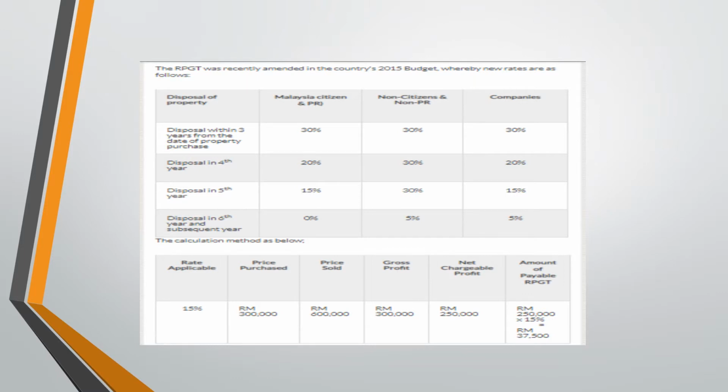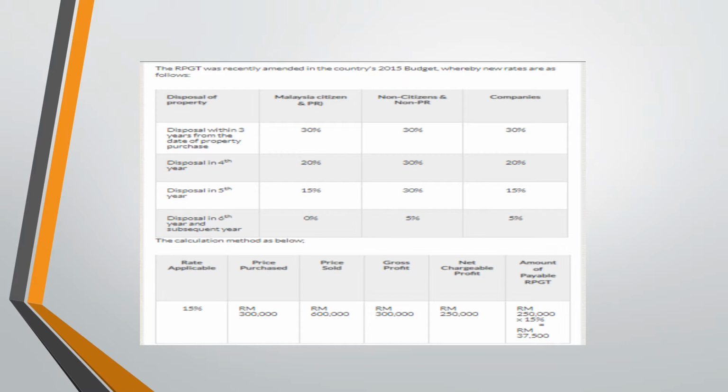RPGT was recently amended in the country's 2015 budget, whereby new rates are as follows. They have been divided into three, which are Malaysian citizen, non-citizen, and companies.